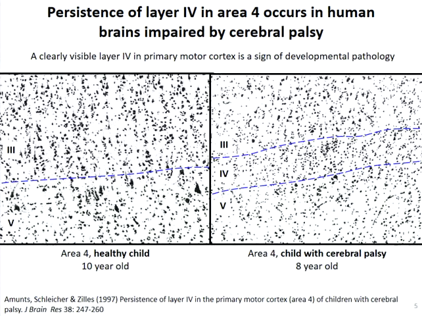But this development of layer 4 is impaired in pathological situations, for example, cerebral palsy, and that's the example on the right side of the slide, where dispersion of layer 4 is impaired by a pathological development, and so this layer still persists past fetal stages.